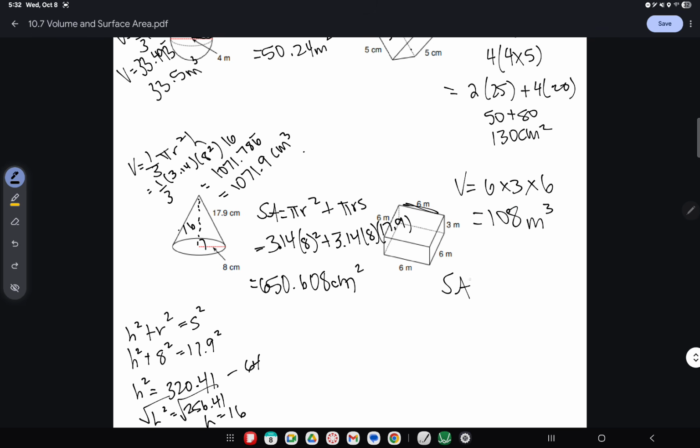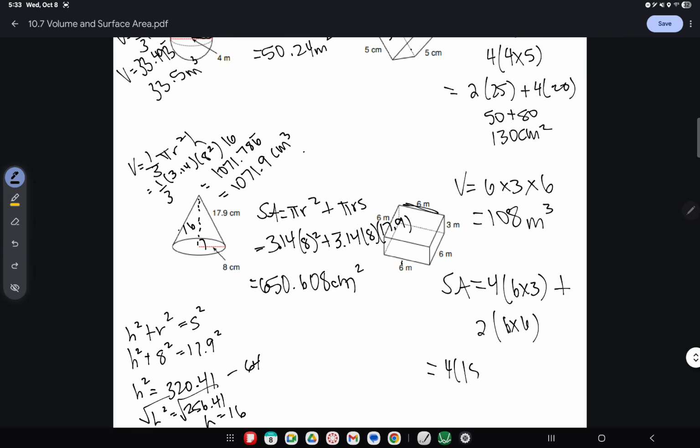And then the surface area is the area of all the faces. So I have 2 rectangles that are 6 by 3. And then I have 4, actually, I have 4 rectangles that are 6 by 3 and 2 that are 6 by 6.